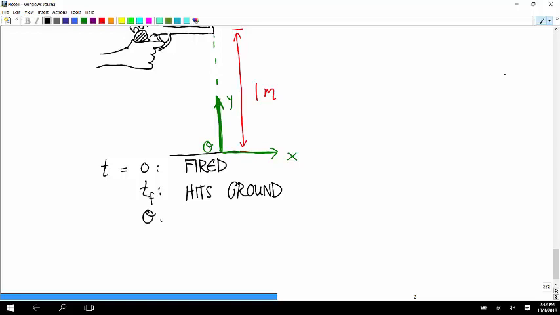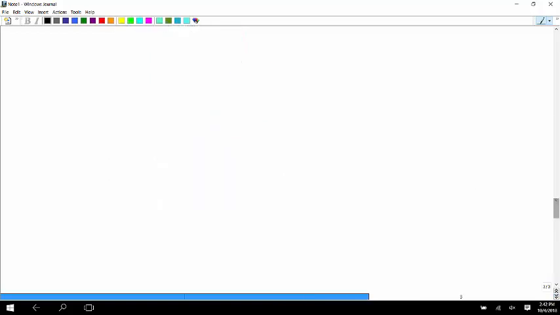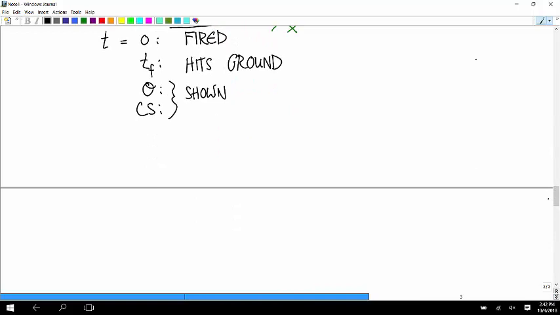So the origin location and the coordinate system orientation are shown in the picture. And now the second step is we have to go through, now we have 13 variables we have to think about. But we go through the list of variables, figure out what we know and what we want.